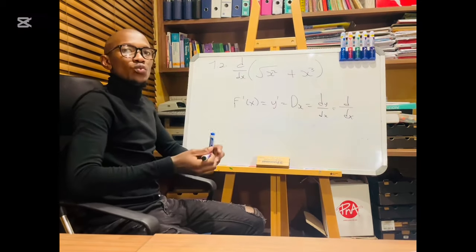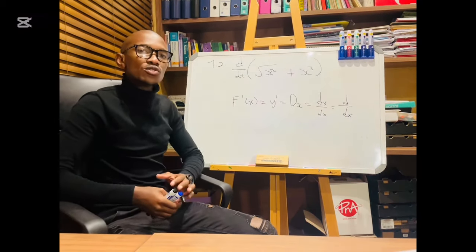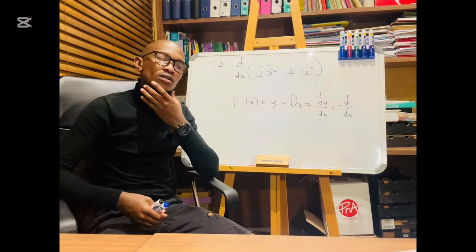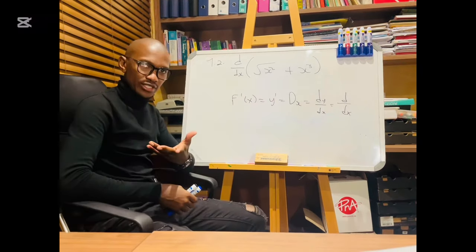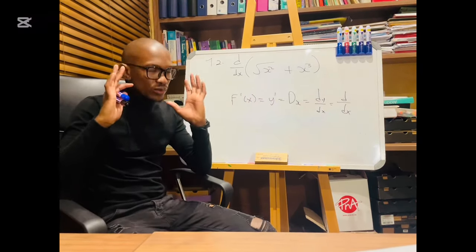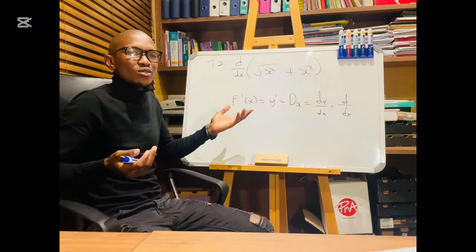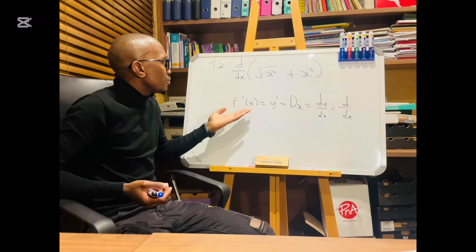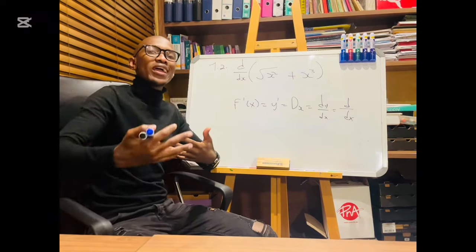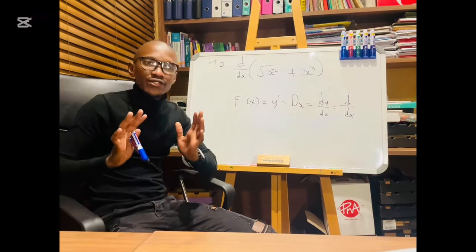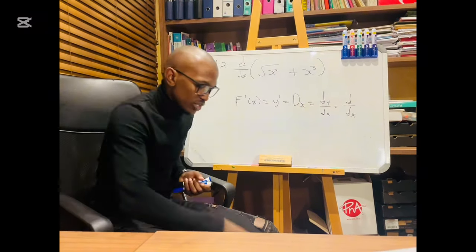All these symbols we use to represent the derivatives. So please put that in mind. When you see this, don't be like, what's going on? No, this thing is the same as y prime. It's just that the way we apply it is a little bit different, but it's the same thing. Okay, check it out.